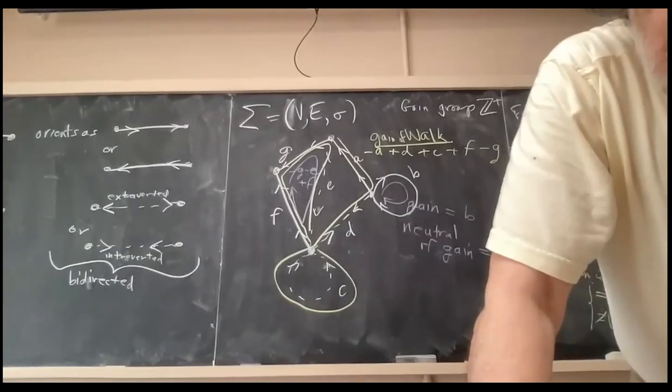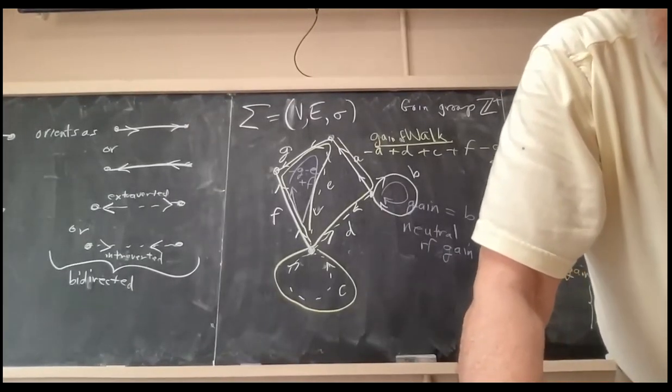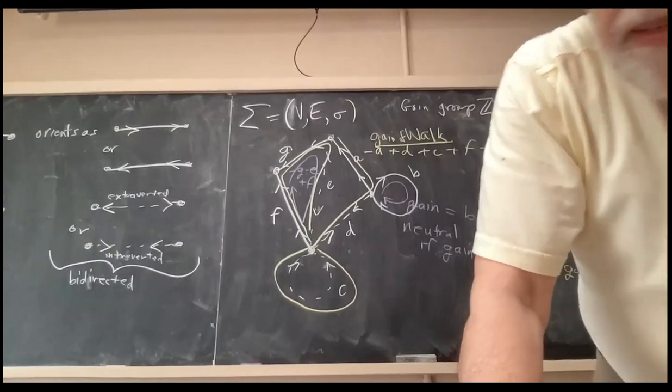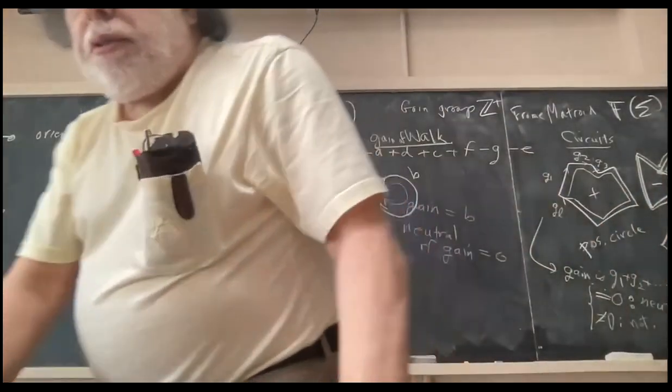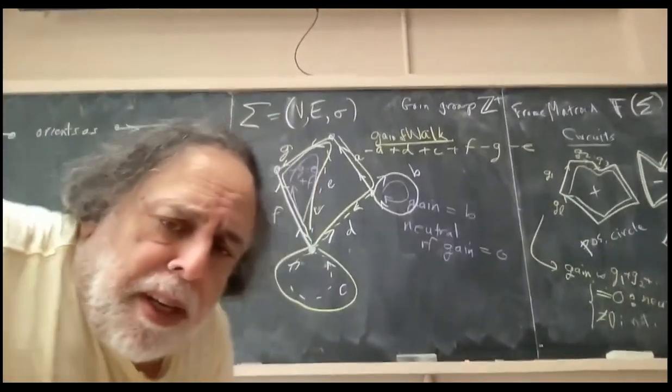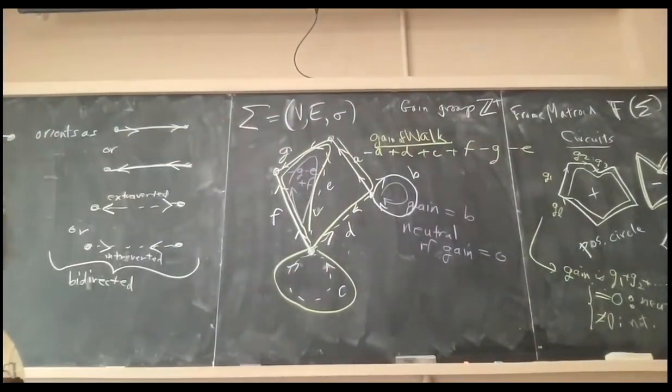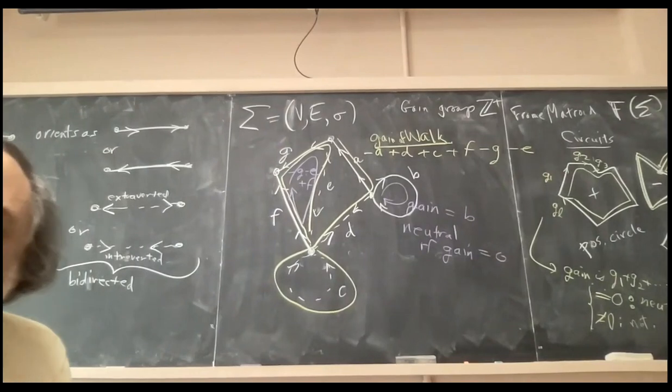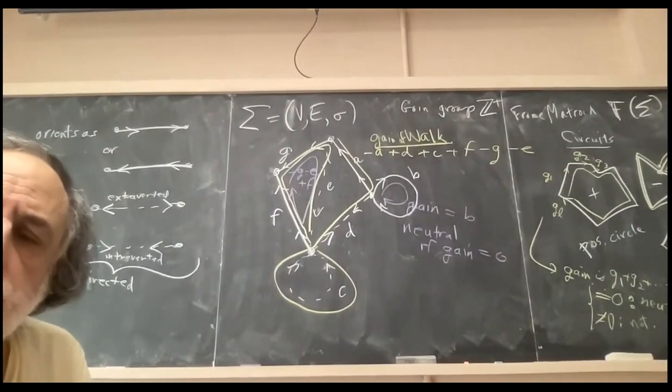Well, you can use any field that distinguishes plus from minus. If you are representing over a field that doesn't distinguish plus from minus, then you're just doing gain graphs because the sign part disappears. Right, so that would be the frame matroid of the gain graph.